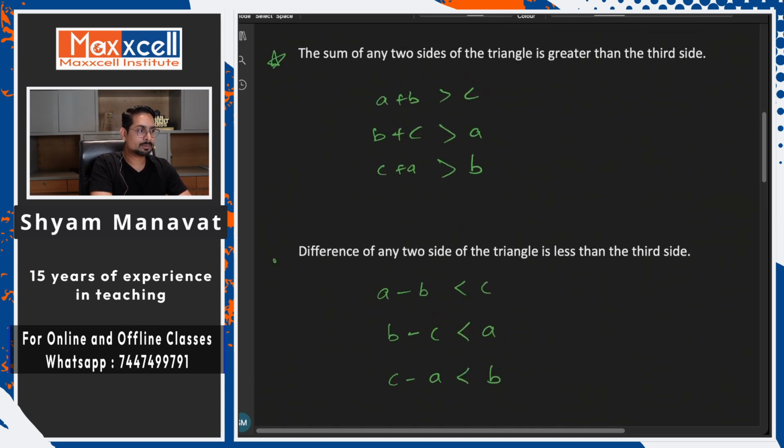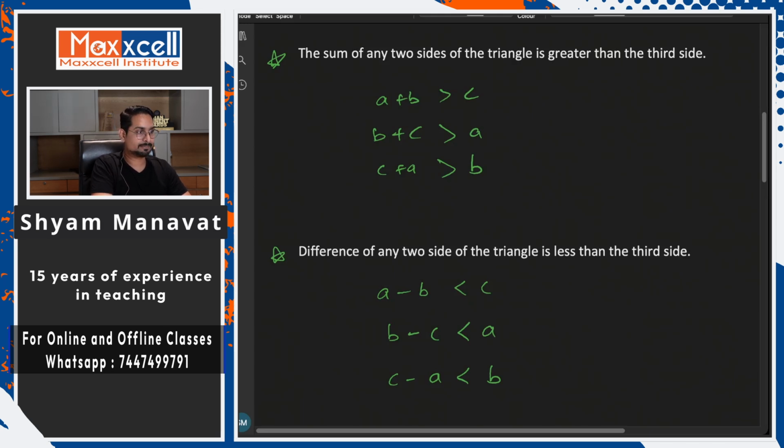We will avoid going through the details of how this property can be proven, because then the lectures which we are going to discuss in geometry become very lengthy. So let's avoid that situation. For example, if you want to prove this, you can prove it easily.